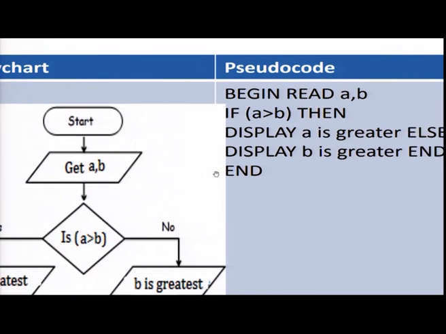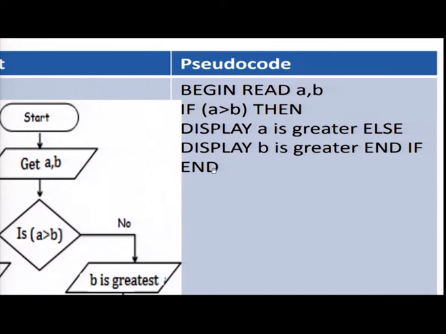Now let us see how to write the pseudocode. You begin, read the value of A and B. In pseudocode, if is a keyword. If A greater than B, then is a keyword. Display A is greater. Else, display B is greater.